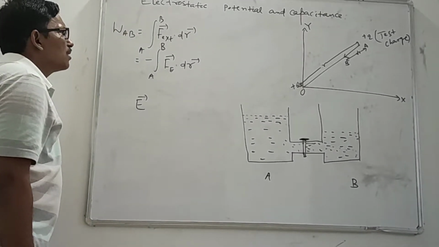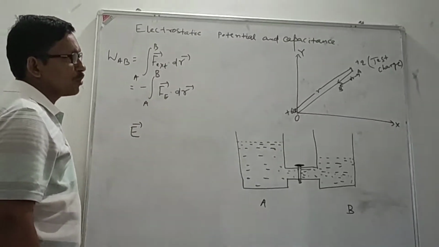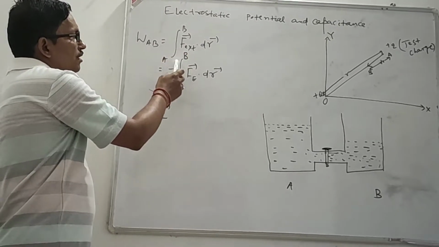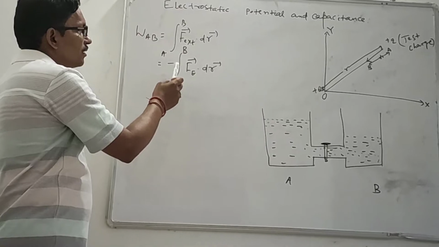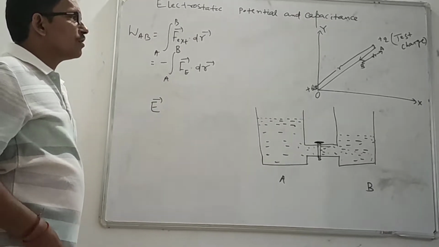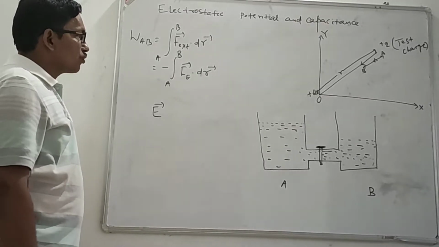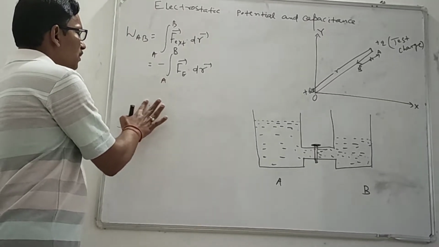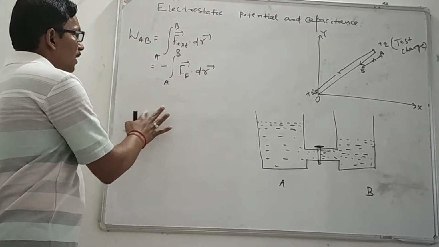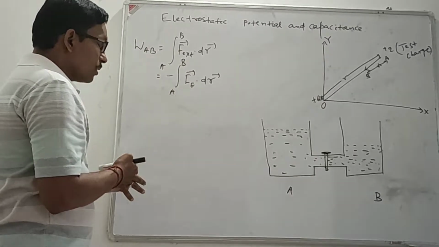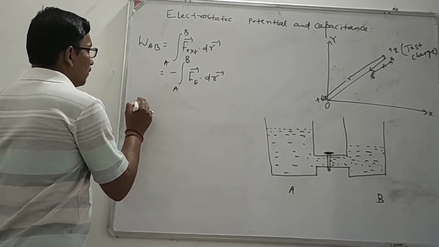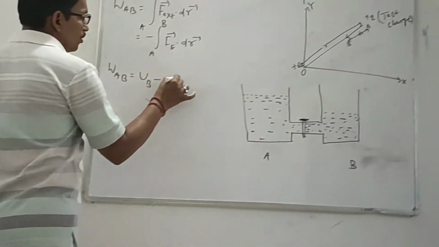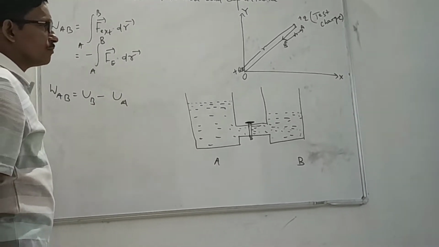Now let us calculate the amount of work done to take the charge q from A to B, that is W_AB, that is equal to integration of F external dot dr, that is also equal to the negative of the work done by the electrostatic force. Now I can write W_AB is equal to U_B minus U_A. How is this?